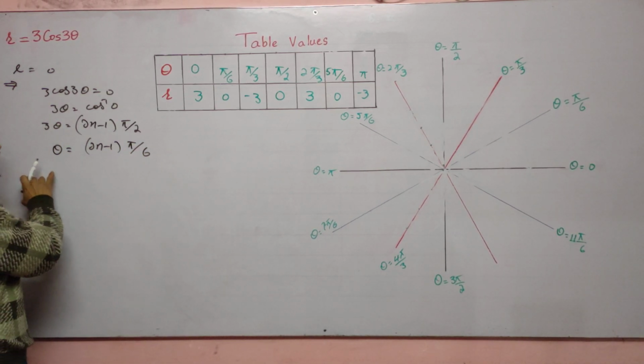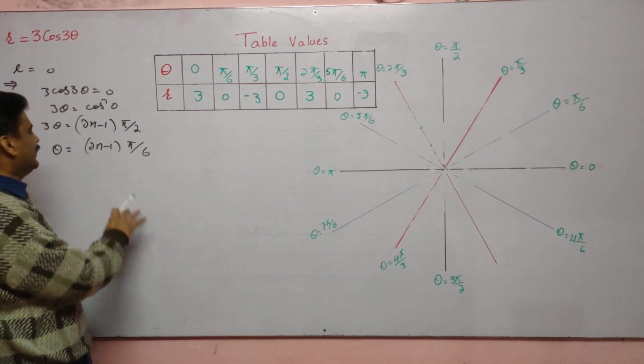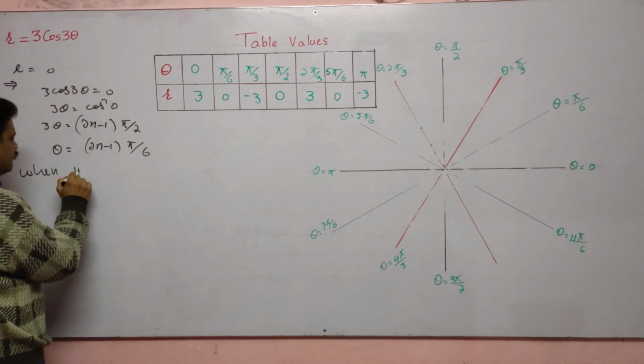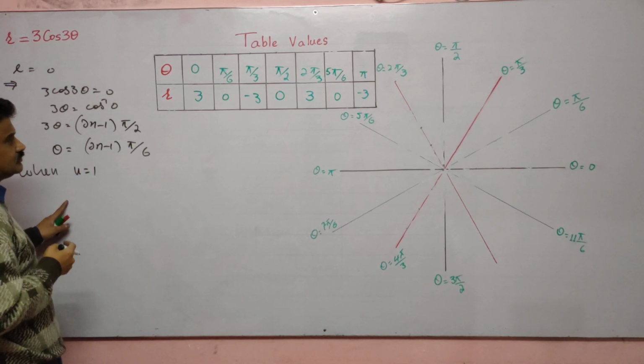We will find the value of θ for different values of n. When n is 1, θ is equal to π/6. When n is 2, θ is π/2.